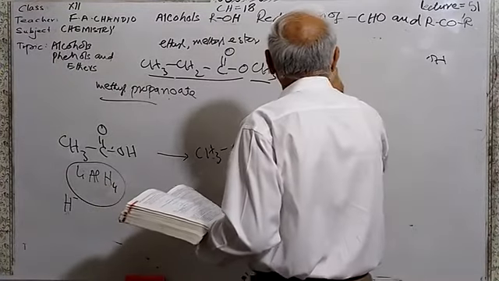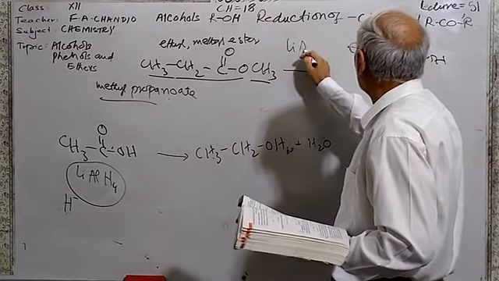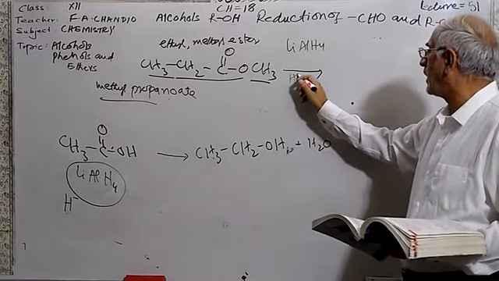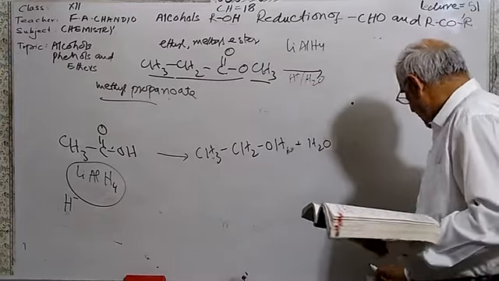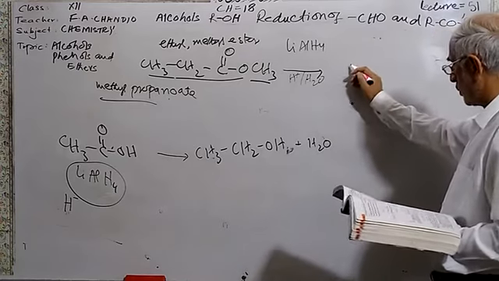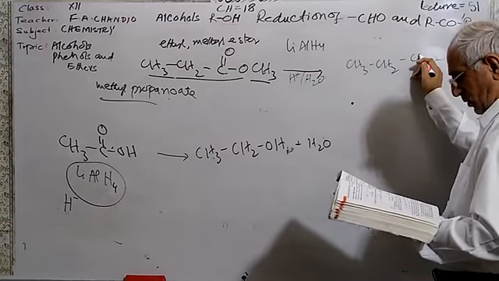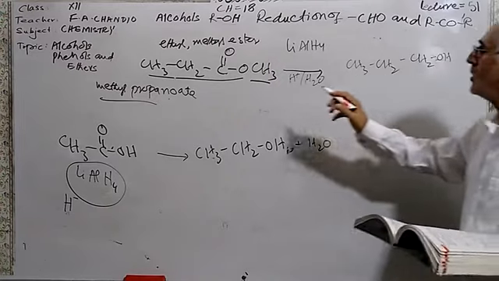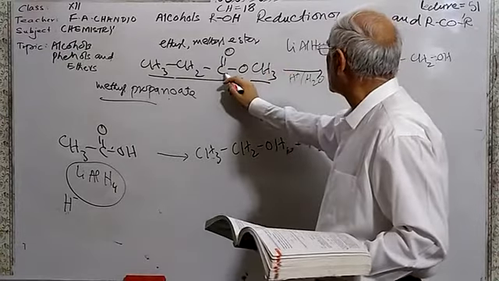So in the presence of the very powerful reducing agent, lithium aluminum hydride, in the presence of acid, it gives the four hydride ions to make the alcohol. So CH3, CH2, CH2, and there is an OH.